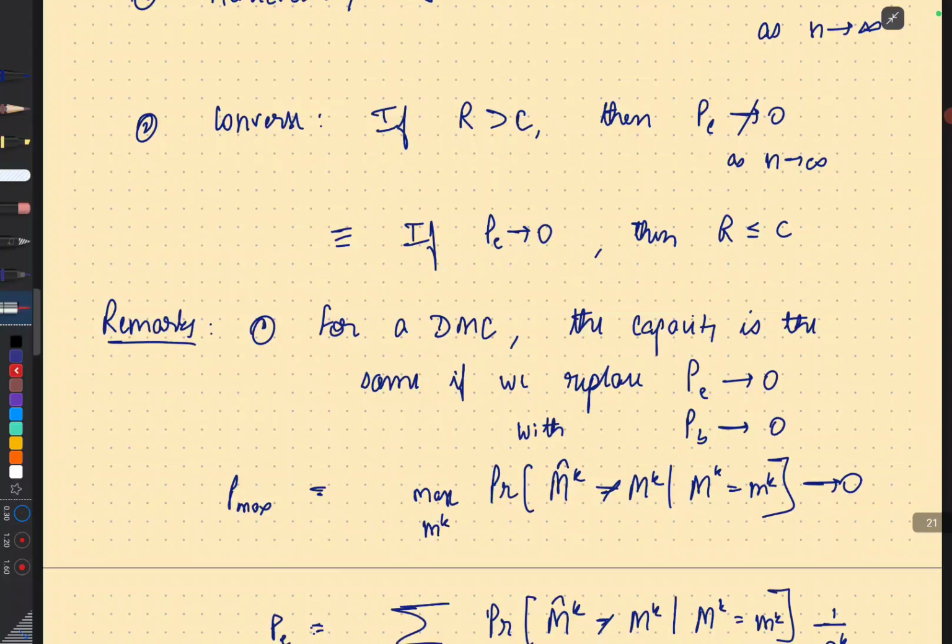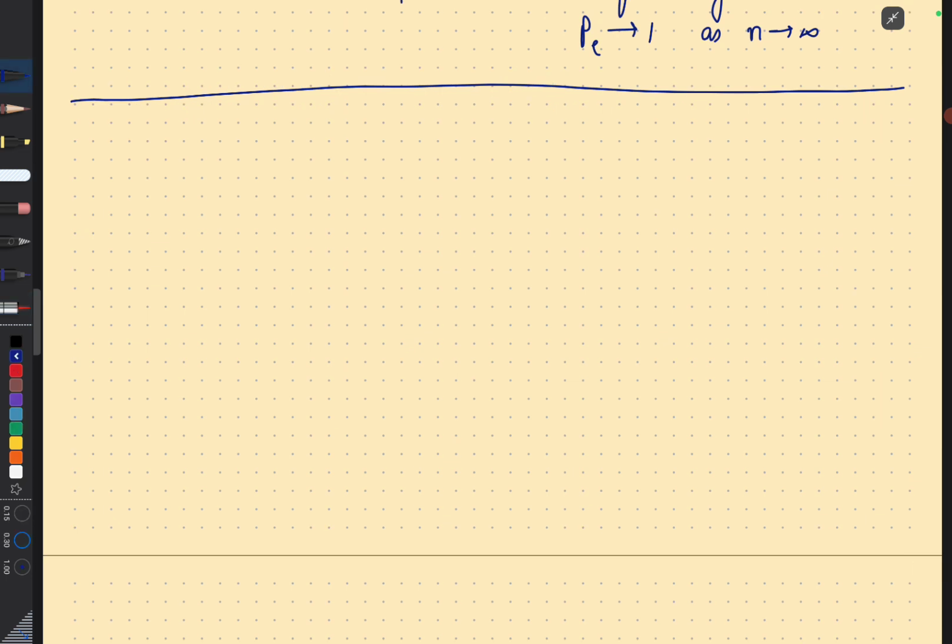Okay. So let's start with the converse part, where we want to show that if the probability of error goes down to 0, then the rate must necessarily be below capacity.